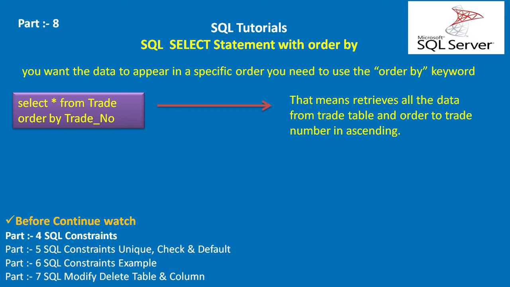That means retrieve all the data from the trade table and order by trade number in ascending order. Keep in mind, if you use the order by keyword, by default the order is ascending. If you want descending, we use the descending keyword.